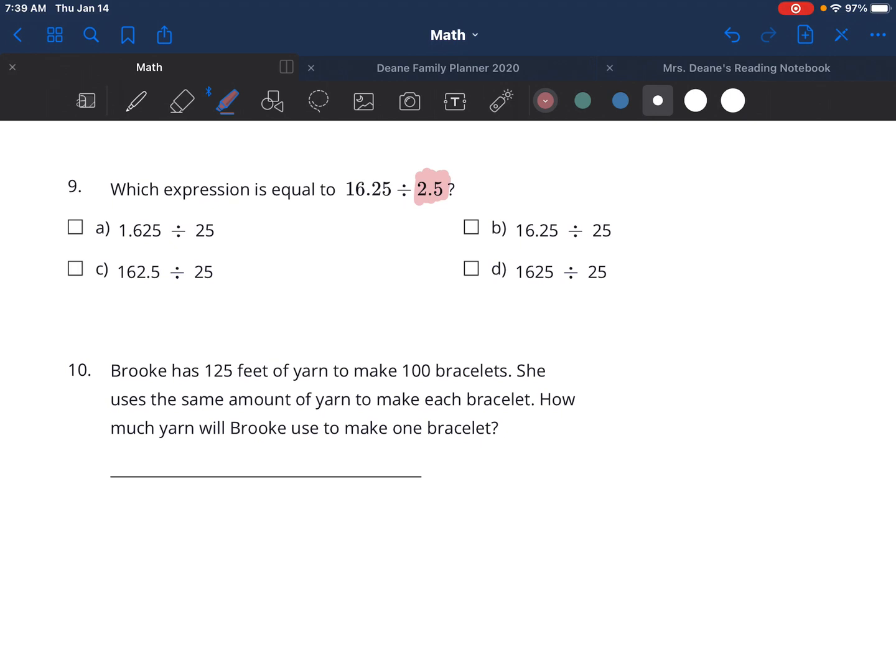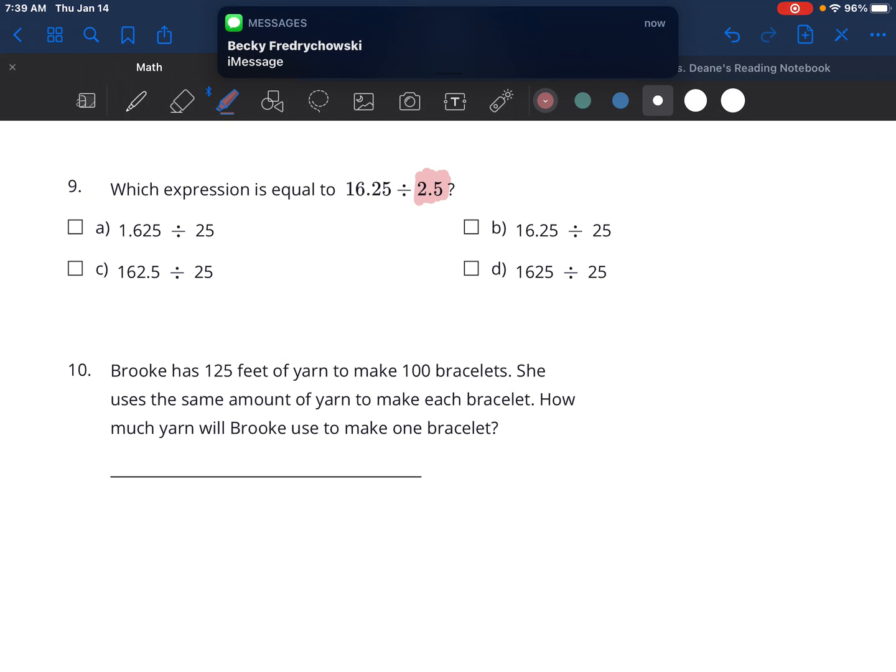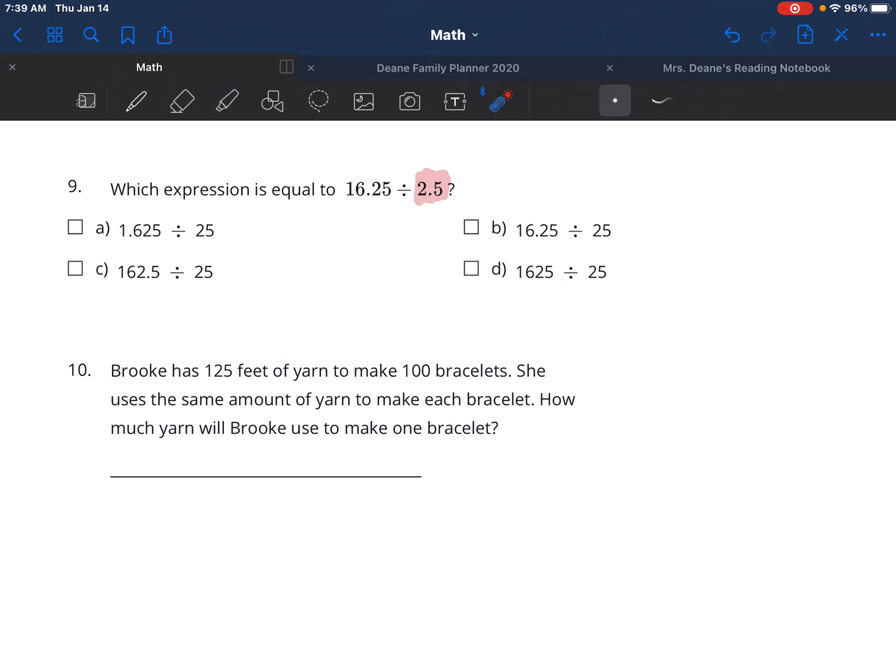If I move it in the divisor, I have to move it in my dividend here as well. So if I move it here, I'm going to have to move it here. And in that case, you have to figure out which one of these gives you your new problem once you move the decimal.